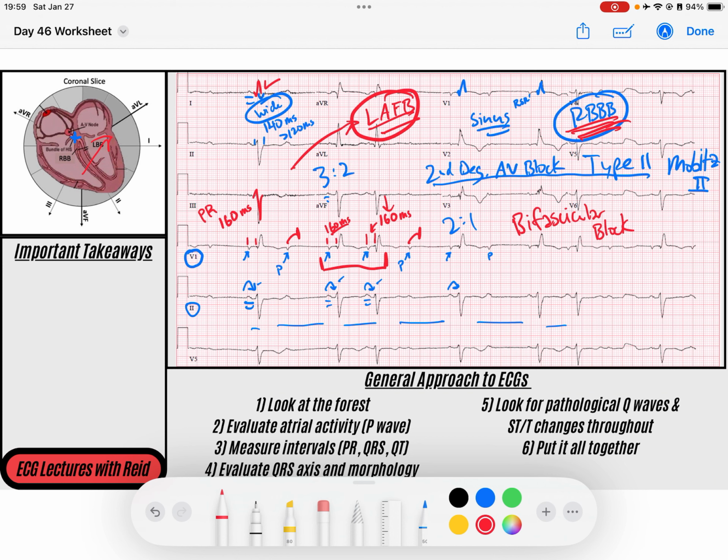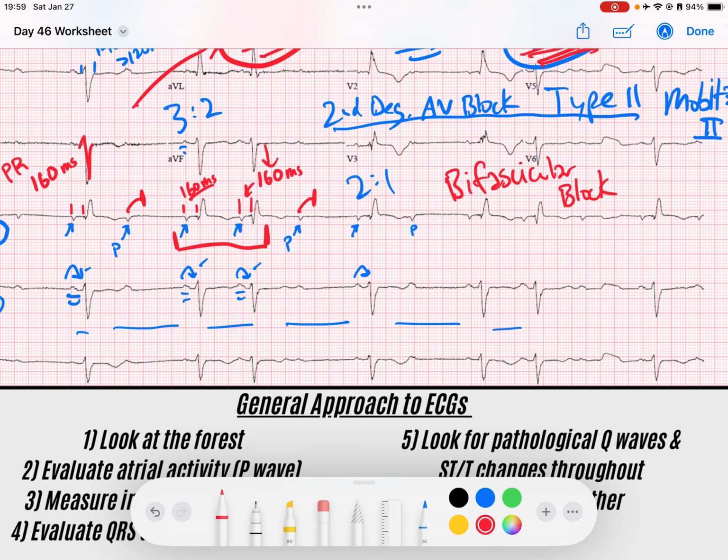Look at our QT intervals. I'll pick 2 QRSs that appear to be kind of midway between each other. It's hard to do that here because the QT interval is rate dependent, right? Repolarization in the ventricles occurs at fluctuating rates, and so here what I would do is I would maybe choose these 2 beats.